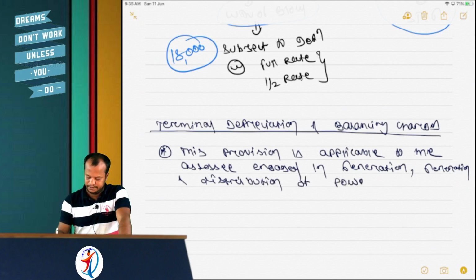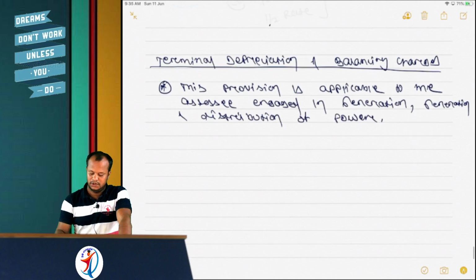In simple words, it is power sector units.